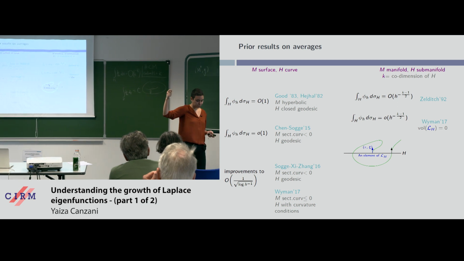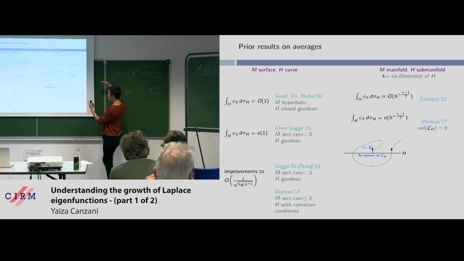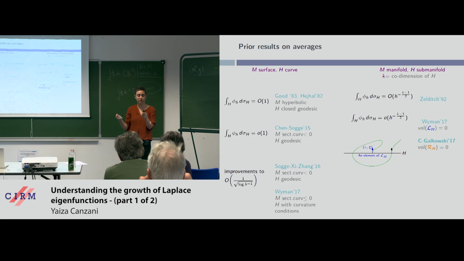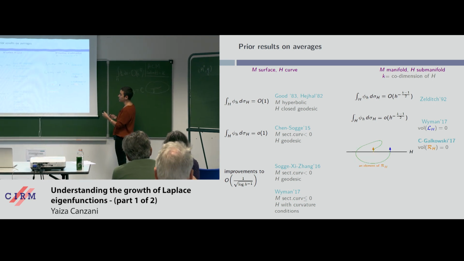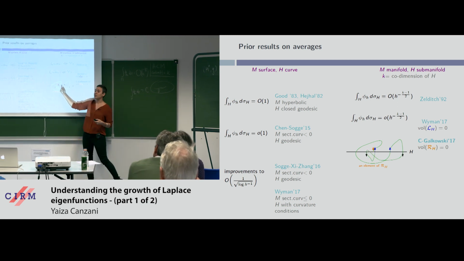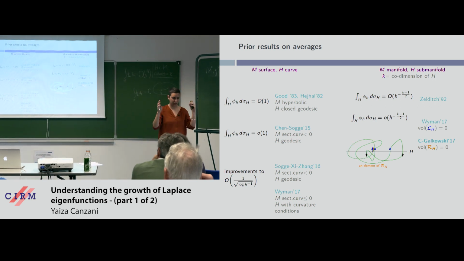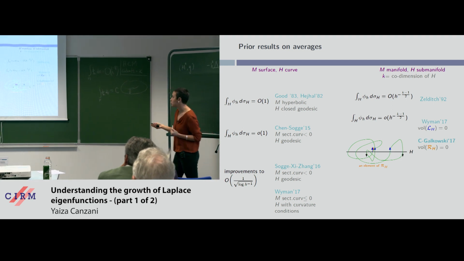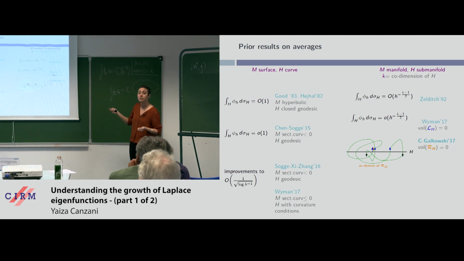And when we started working with Jeff, actually, what we did was to prove this statement, but for the set of recurrent conormal directions. By recurrent conormal, what I mean is you start with a direction, and then the geodesic flow brings you back, being normal to H, but arbitrarily close to the direction that you started with, infinitely many times. So you're recurrent conormal to H. And the way in which we proved this was using defect measures, but this doesn't give you any quantitative improvement.